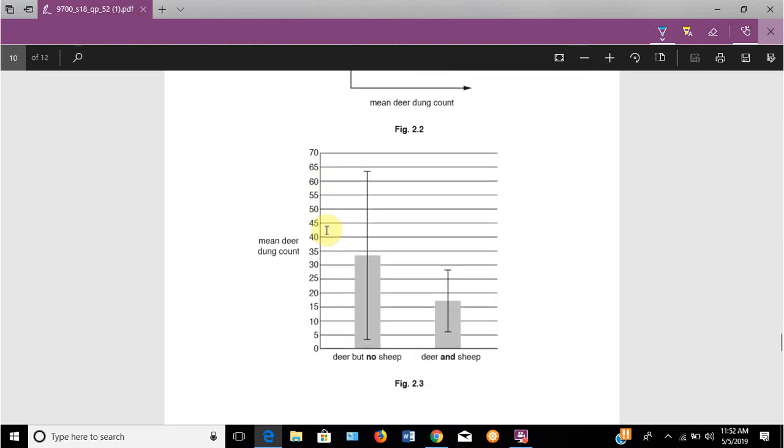And then if you were to see the mean deer dung count, is there a maintenance of the red deer population, a decrease with the introduction of sheep? Apparently there is, because there's quite a bit of a difference in the mean. But even this does not mean anything, and this was not something I fell into, because of the range. The range is overlapping so much that these results are largely insignificant.